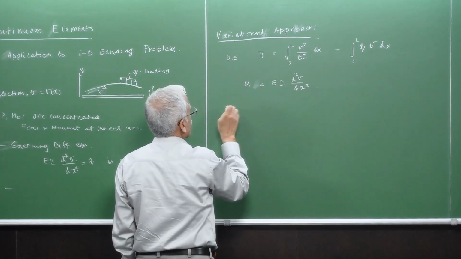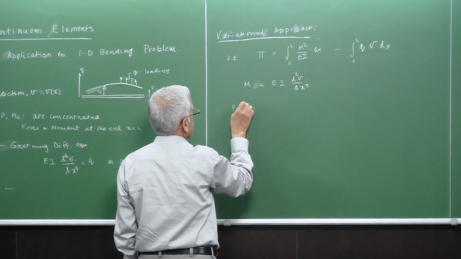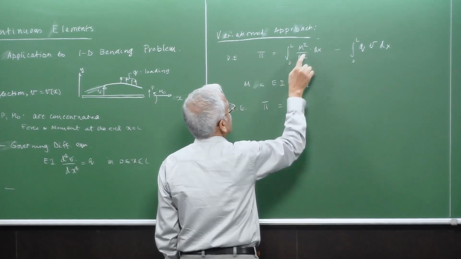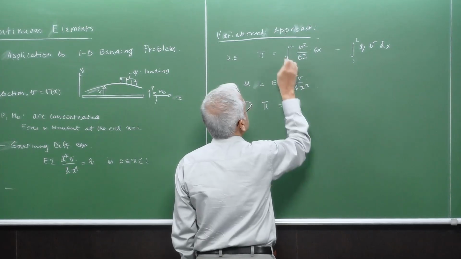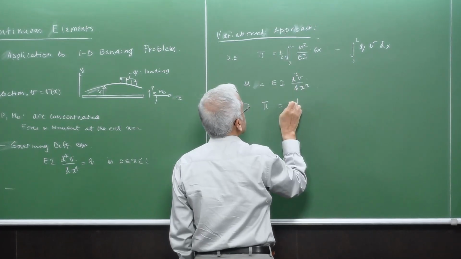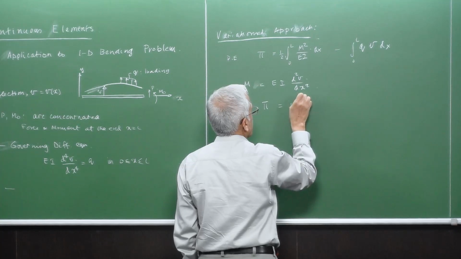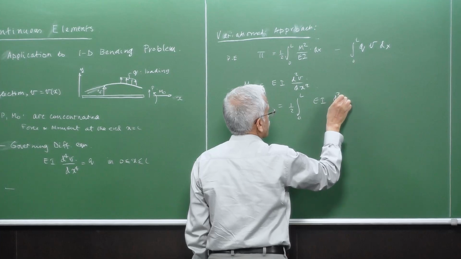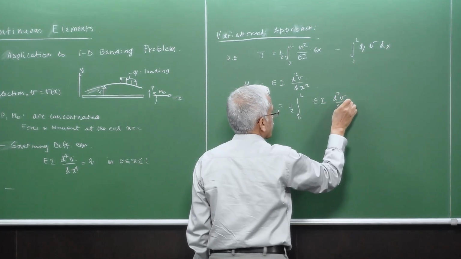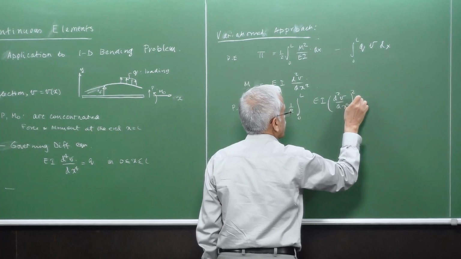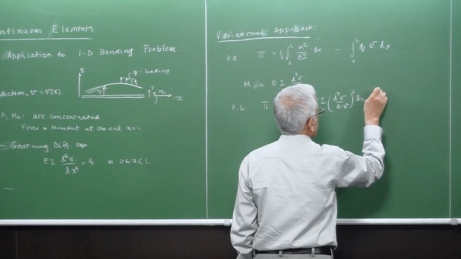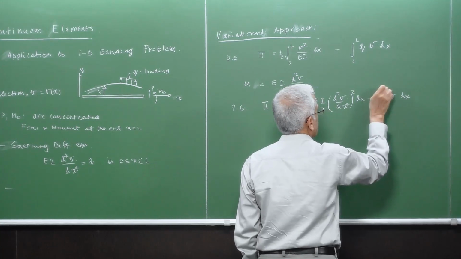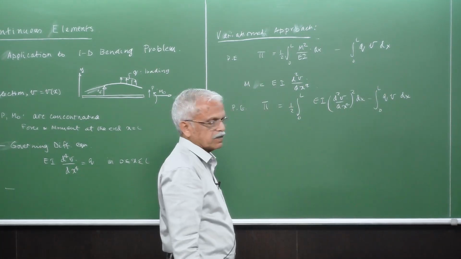All right, so now potential energy, you can put it here and then square it. There's also, of course, a half here. So it is EI d square v by dx square, squared.